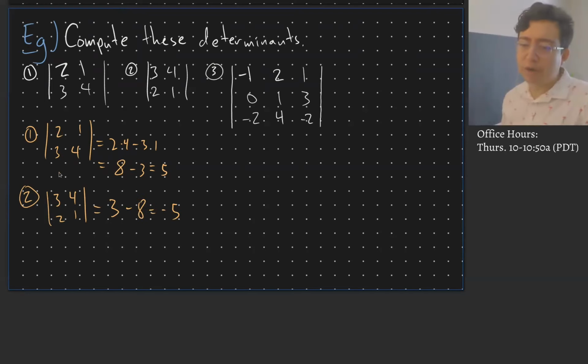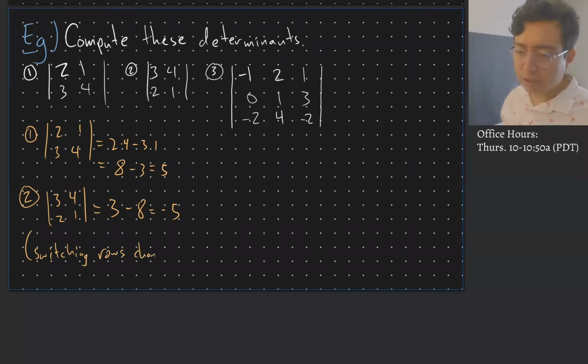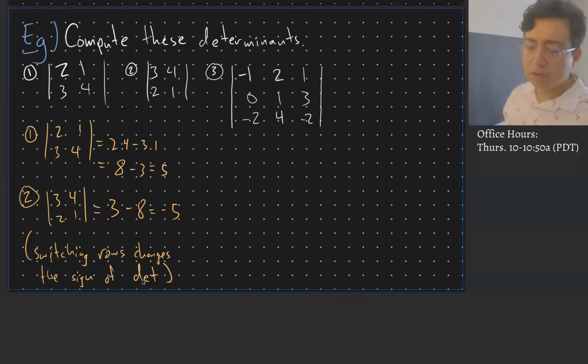So switching rows is going to tack on a negative sign. Switching rows changes the sign of the determinant.